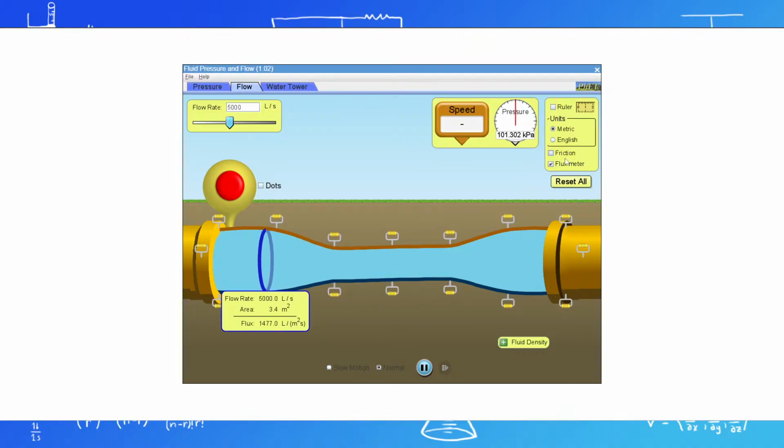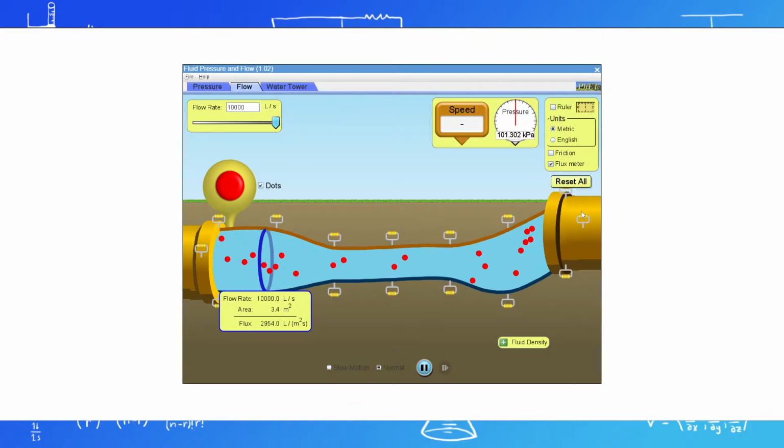And I think that's everything I need out of this. We can change the flow rate up here. If that's something you want to adjust, you can increase it. And now everything is moving faster, but still fastest where the pipe is narrowest. And you can even move the pipe itself up and down. That isn't really going to make much of a difference.